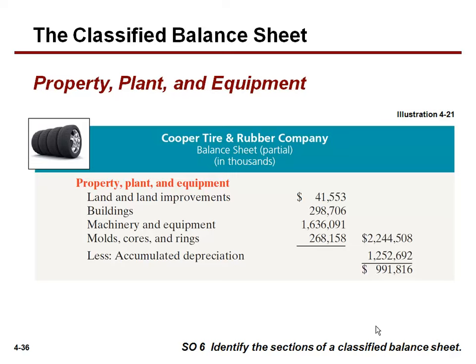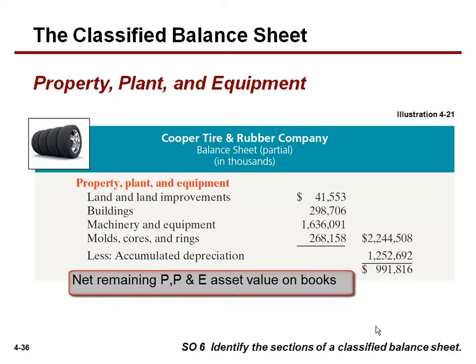Here's an illustration of the property, plant, and equipment asset category on a classified balance sheet. Land and land improvements, buildings, machinery and equipment, other property, plant, and equipment assets here, Cores and Rings, subtotaling $2,244,508, less the contra asset account accumulated depreciation $1,252,692 for a net book value of $991,816.